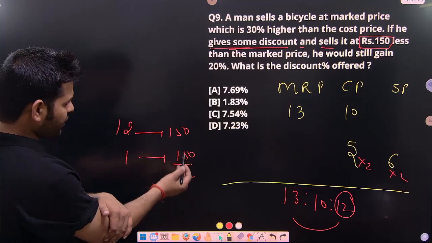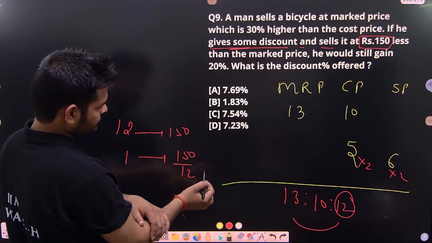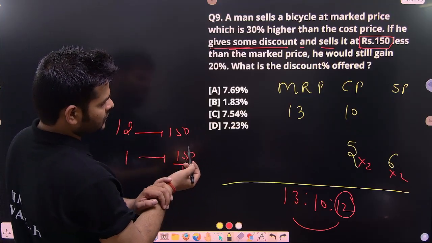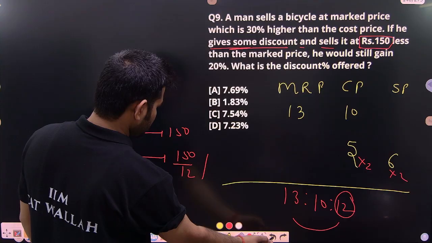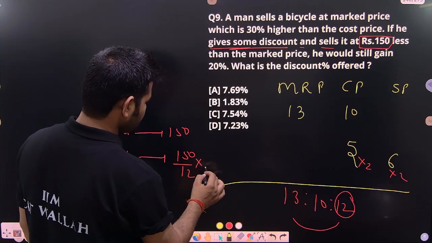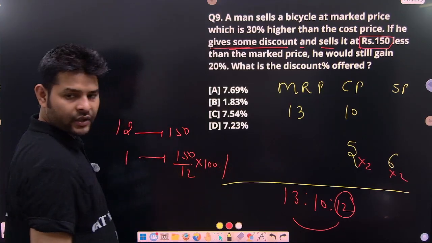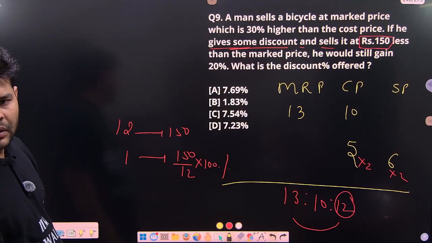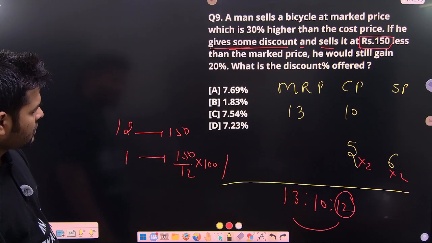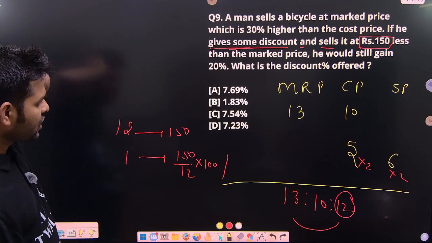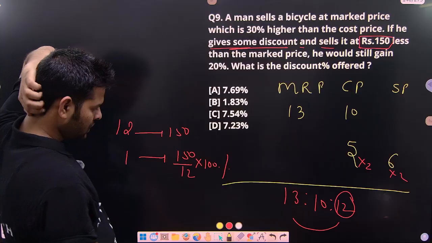So 1 unit value you need to calculate. For percent, you need to multiply by 100 and put the equal sign.